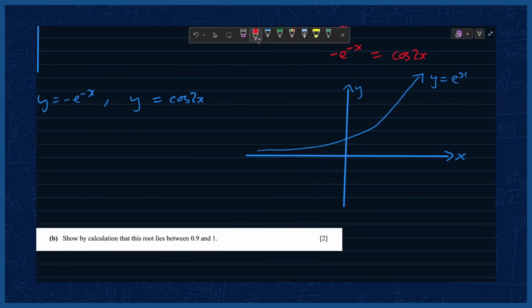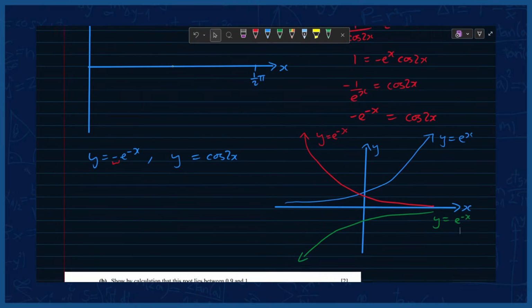So it means now my graph is actually looking like this instead, right? This is now y is equal to e to the negative x. However, I also have a negative here, which tells me that my graph has actually then been reflected in the y-axis as well. So it means my final graph actually looks like this. This is my y is equal to e to the negative x.